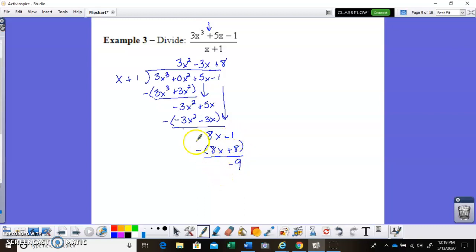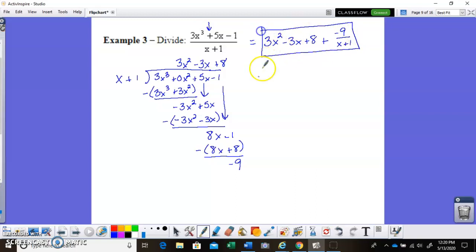So, in fact, x plus 1 is not a factor, because I did not get a remainder of 0. But my answer will be written as 3x squared minus 3x plus 8 plus negative 9 over x plus 1. There is your result.